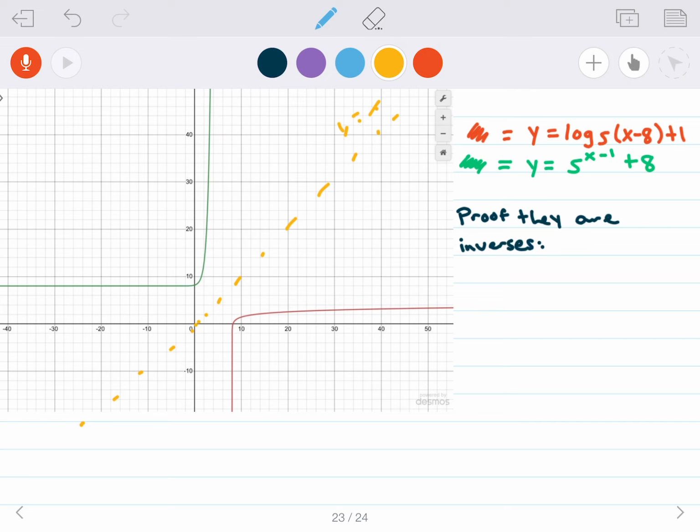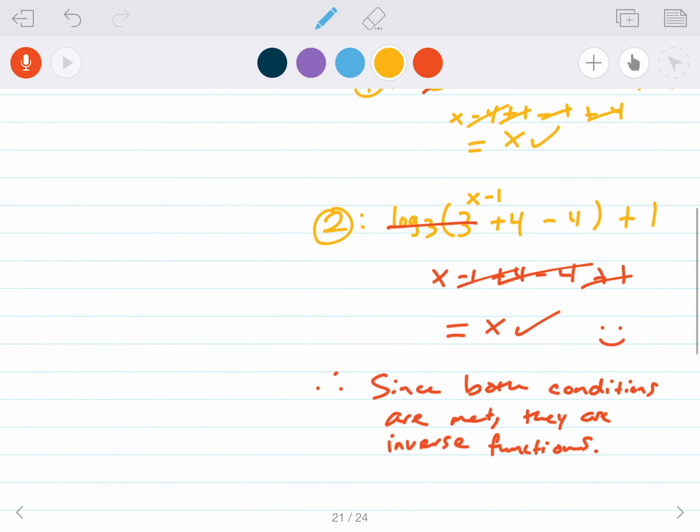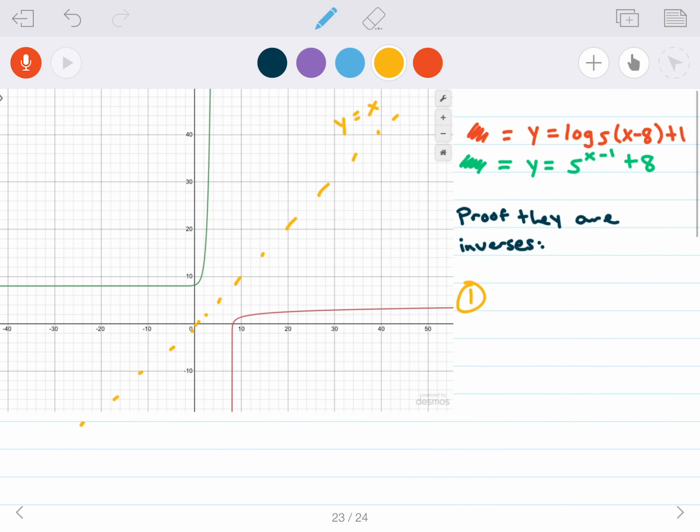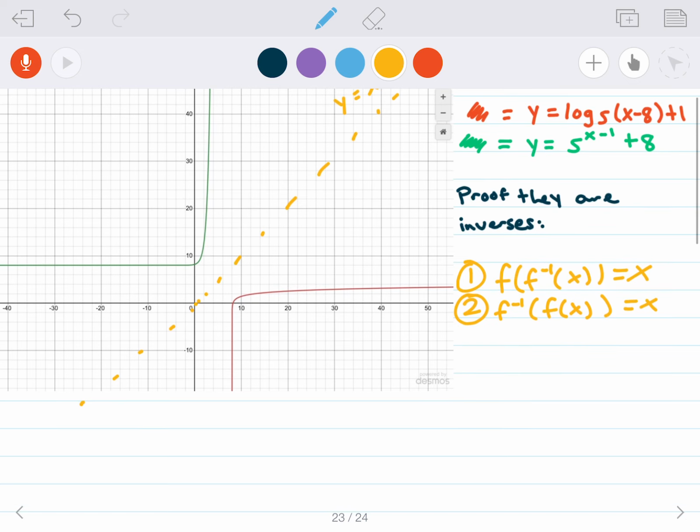And now we want to prove those conditions. So condition 1. Okay, so we want to prove these two. So for condition 1, we're putting in f inverse.